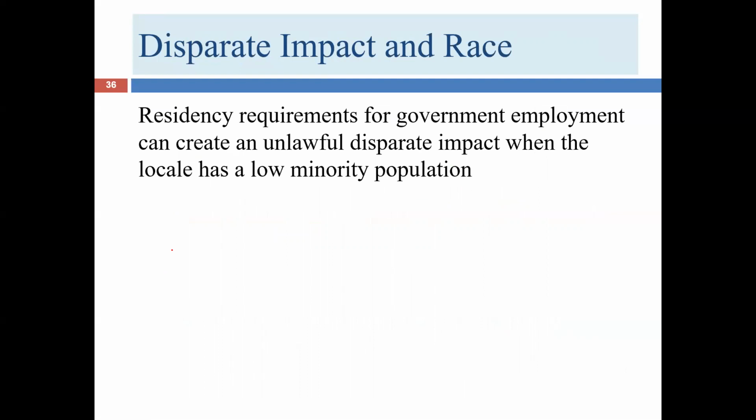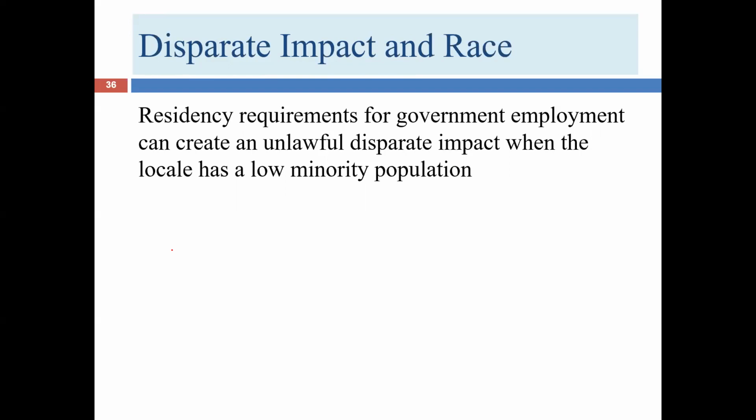Let's discuss the relatively common requirement that certain workers live within the geographic bounds of a government unit. So for example, if you want to be a firefighter for X town, that firefighter has to live within the geographic borders of that town. You want to be a police officer, or school teacher, or whatever the particular position is.